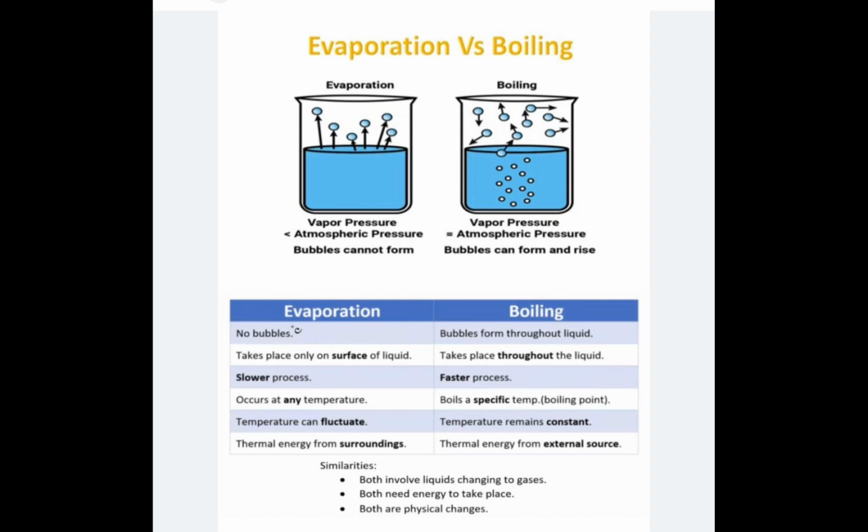This is the difference between evaporation and boiling. Evaporation happens on the surface of liquid. This is an important point which we have to remember. Read these points by yourself, friends. Difference between evaporation and boiling point.